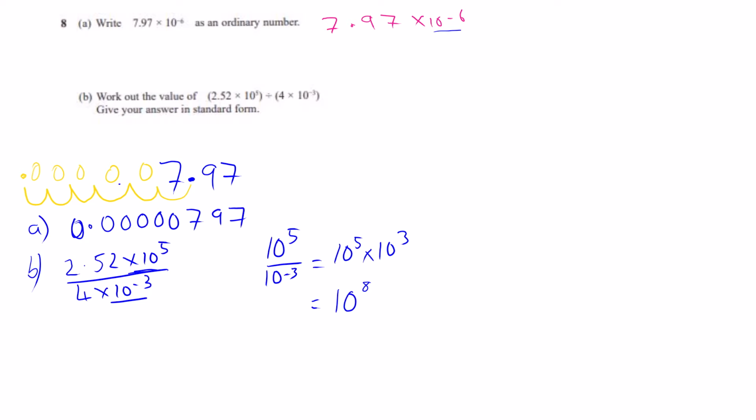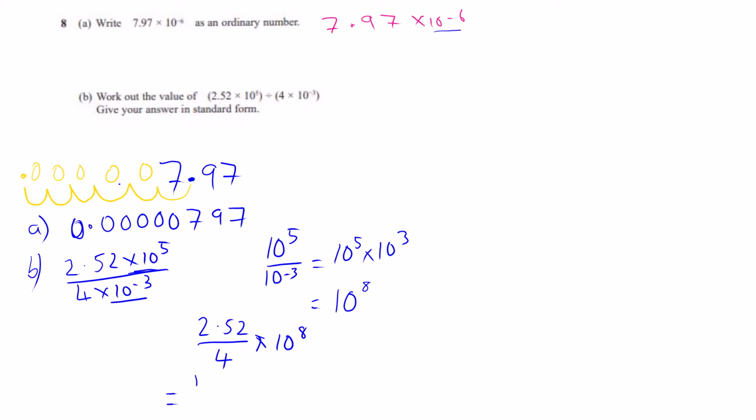So now what we need to do is have a look at the rest of our fraction or our division. So we've got 2.52 divided by 4, and then that is all times by 10 to the 8. Now, dividing this by 4, let's just halve it and halve it again. Simplest method, easiest not to make mistakes.